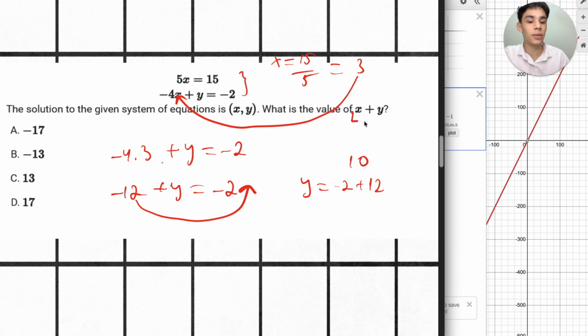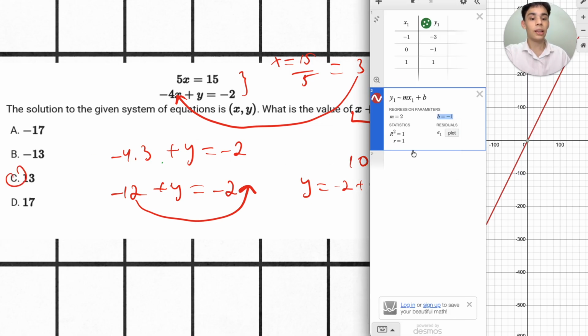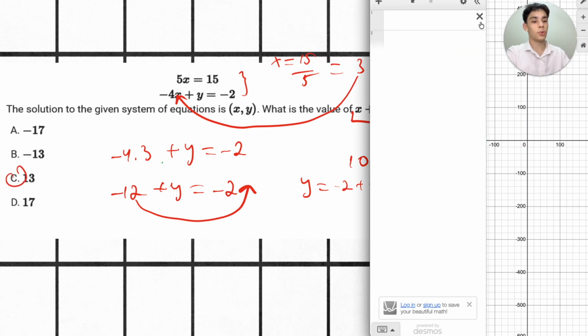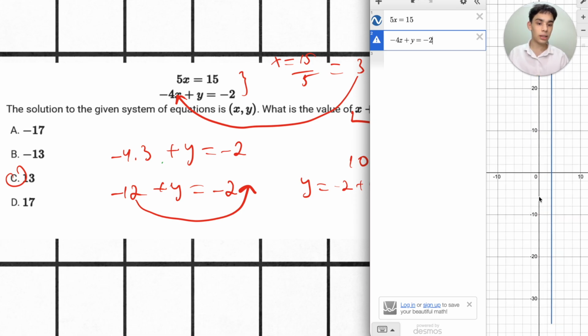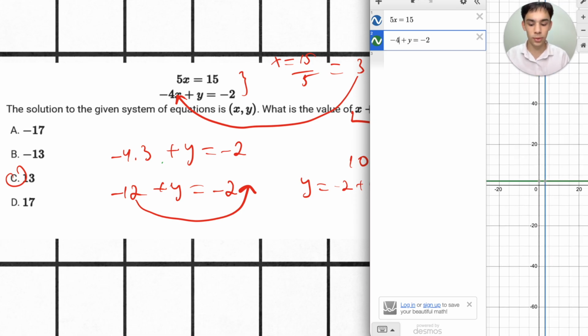I'm asked what is the value of x plus y. x is 3, y is 10. So 10 plus 3 equals 13. This is the answer. Now, how would you solve it with Desmos? All we have to do is simply write everything we see. 5x equals 15, -4x plus y equals -2. If I zoom in, we will see, I'm sorry, I wrote it with the letter z.